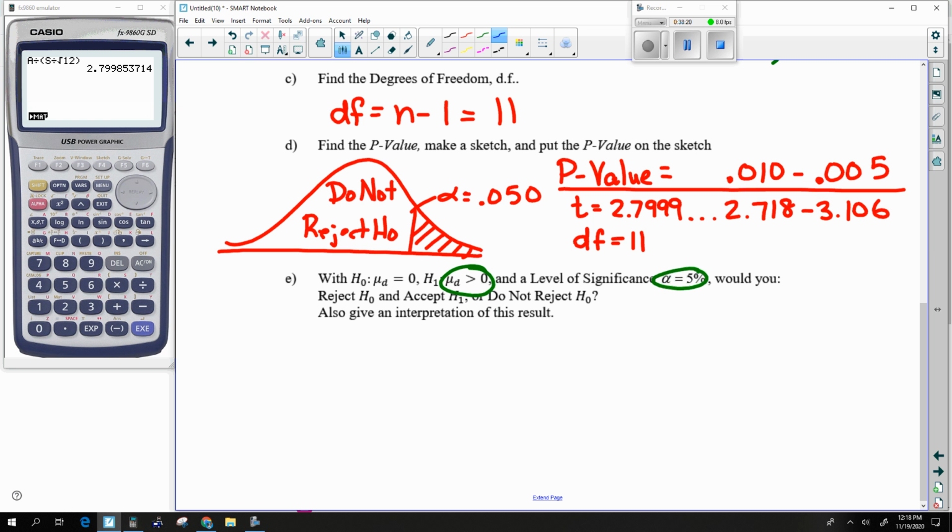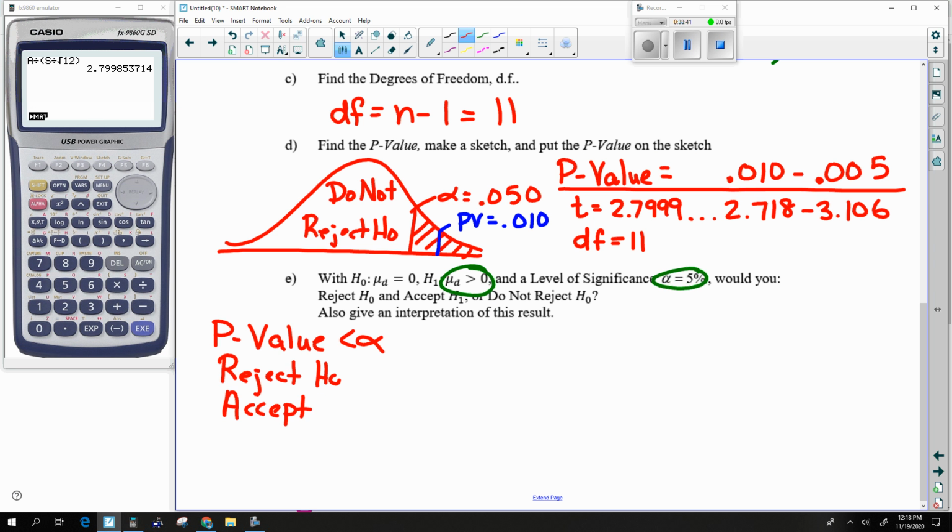And here we have values of 0.010 and 0.005, both way smaller. All right, so that's how I begin my answer. I see that my p-value is less than my alpha. That means reject H0 and accept H1. So H1 is my answer.